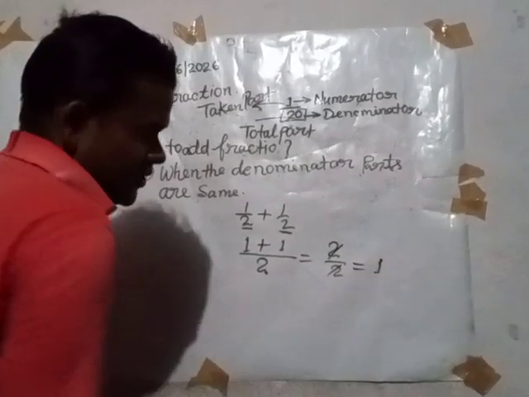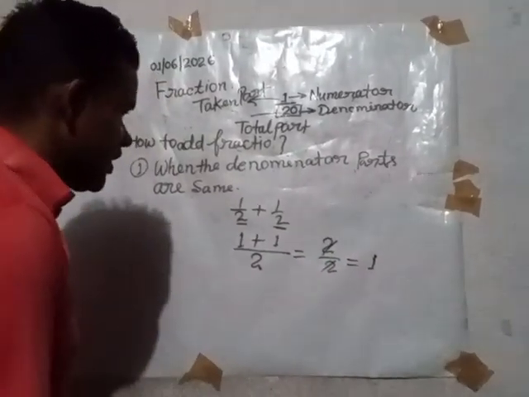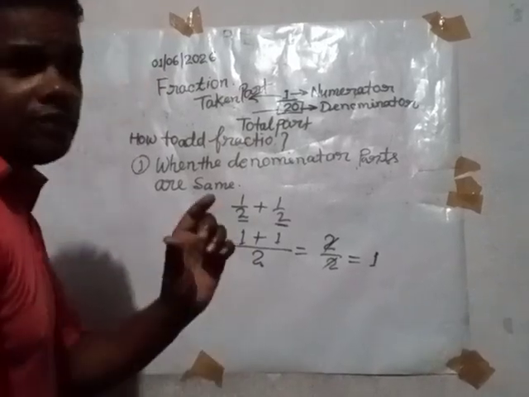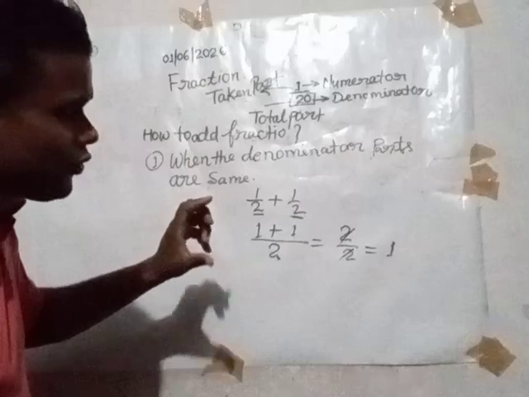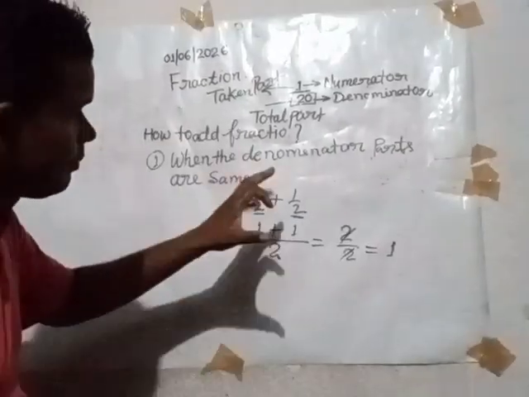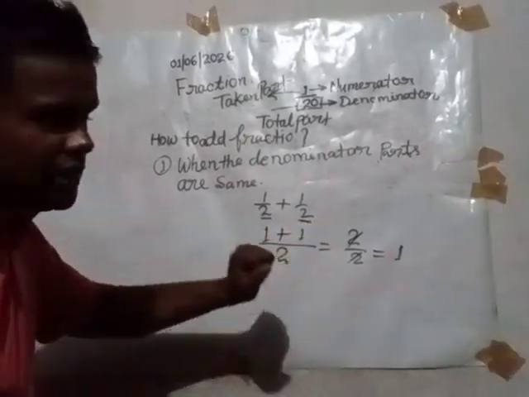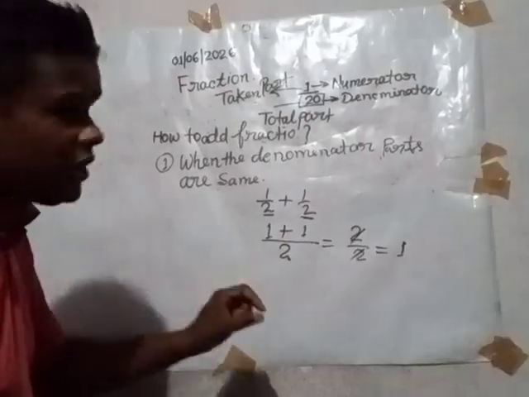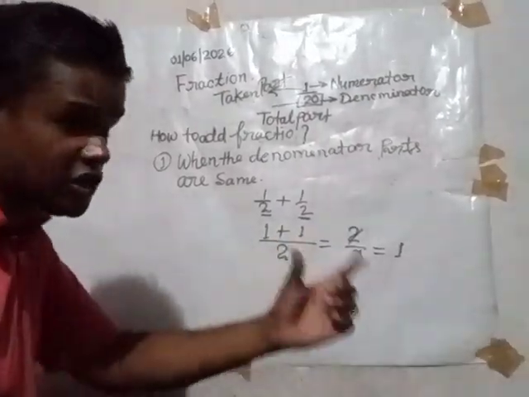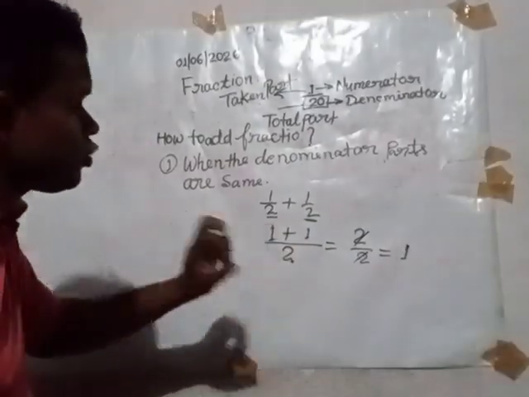That is the simplest form. If we do not find directly which number is common, we find the GCF of both numbers, numerator and denominator, and divide both by the GCF to change into simplest form.